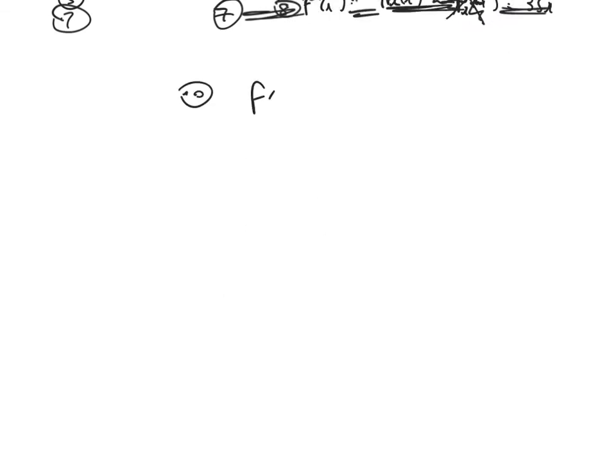Example 10. And we've got f of x equals 5 over 3x to the 7. Now the only thing that we need to bring up there is the x to the 7, so the 3 stays exactly where it is. It's the x to the 7 that I need to bring up. The 3 stays exactly where it is, so 3 is still down bottom, 5 is still up top. X to the 7 comes up and becomes x to the minus 7.